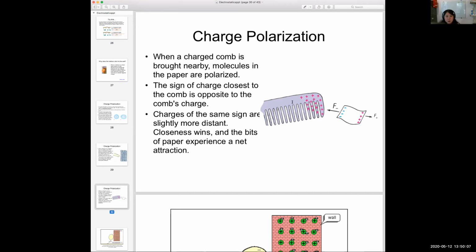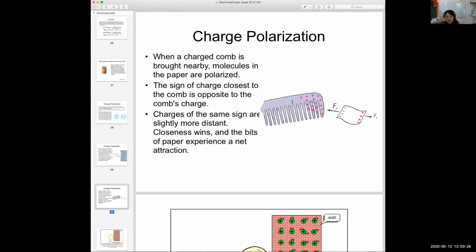Remember in the hydrogen model, the calculation comparing the gravitational force and the electric force. The electric force is so much stronger than the gravitational force, so you don't need many electrons to attract the paper.